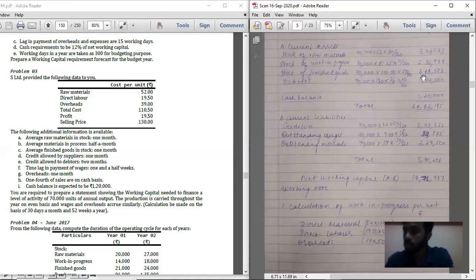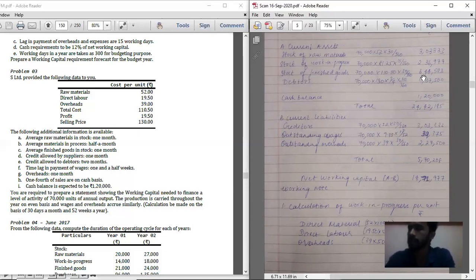3,03,333 plus 2,36,979 plus 6,44,583 plus 11,37,500 plus 1,20,000. You will get 24,42,185. Now total it properly.